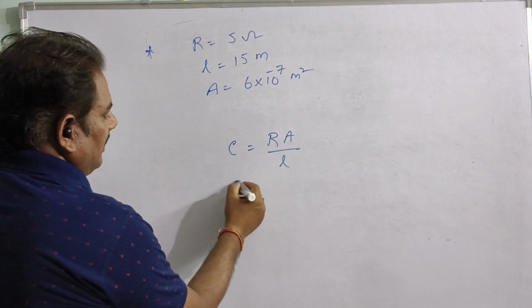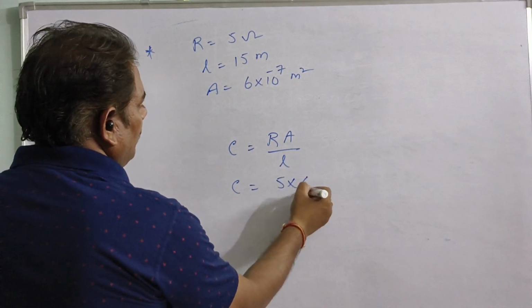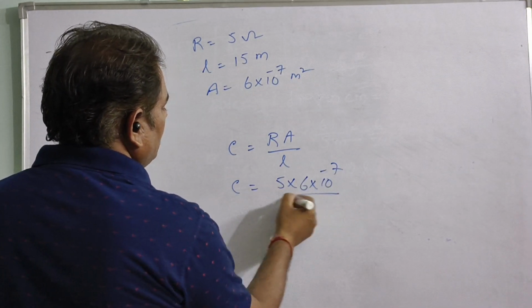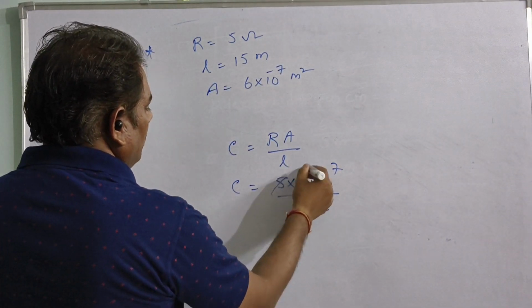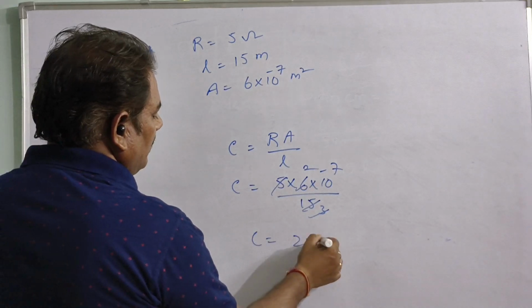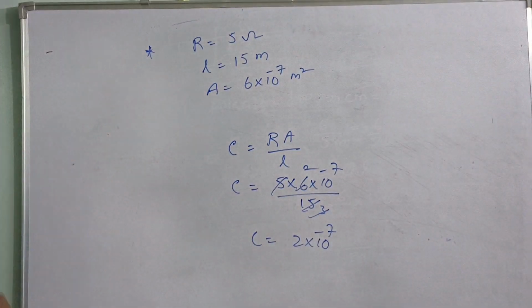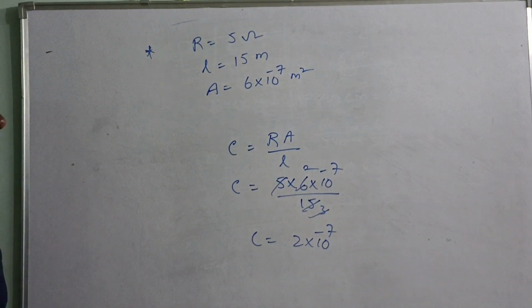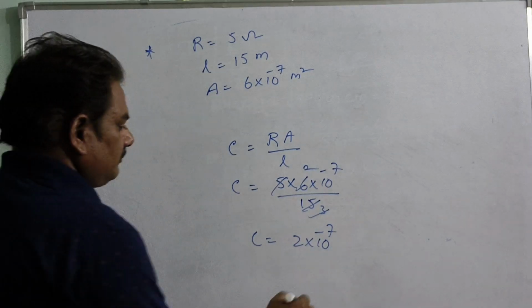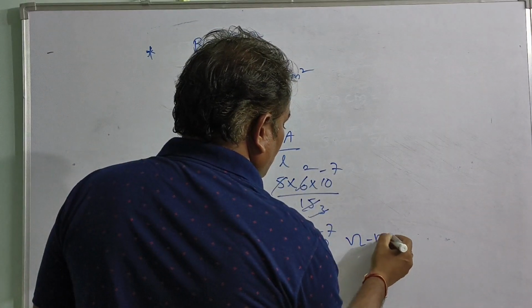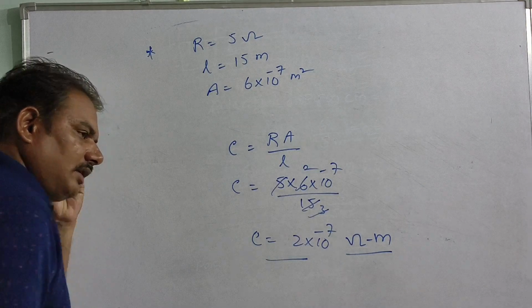Rho is equal to 5 into 6 into 10 power minus 7 by 15, which gives rho equal to 2 into 10 power minus 7 ohm meter. This is the resistivity.